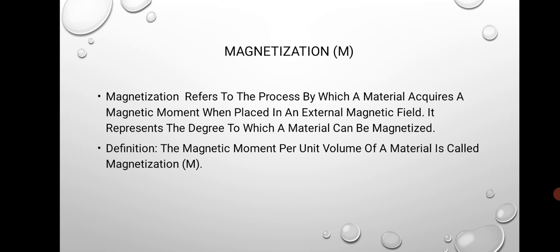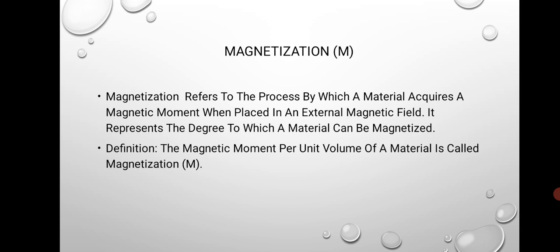All materials are made up of tiny particles called atoms. Atoms are composed of negatively charged electrons that rotate around the nucleus of the atom. The electrons in the atoms of magnetic materials are spinning in the same direction around the nucleus.